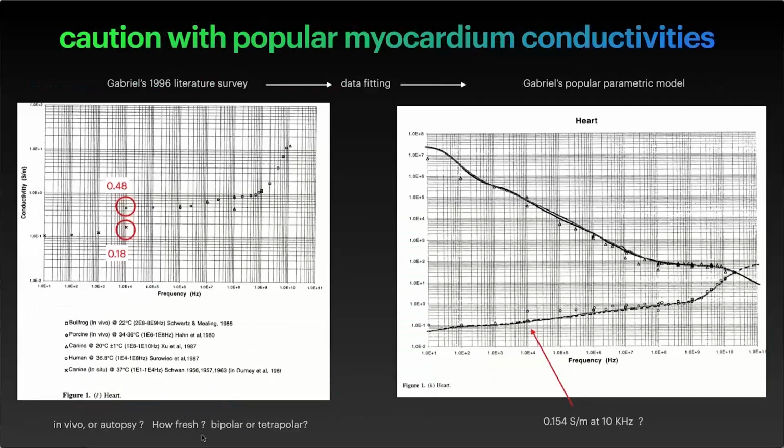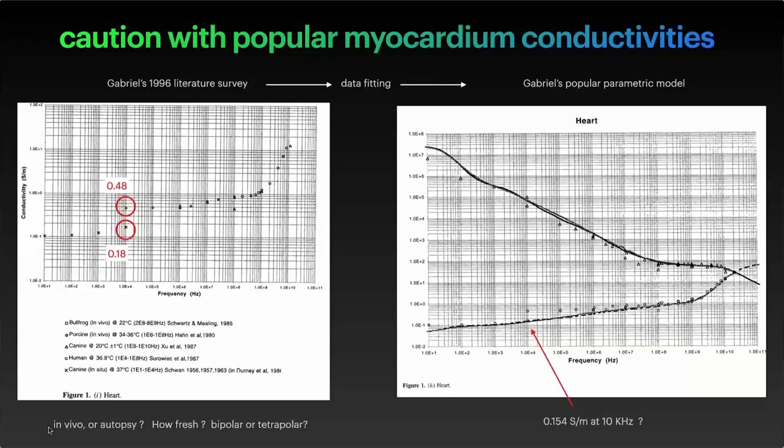This is the Gabriel data that is very popular for myocardium, and you can see what they did was they collected a number of data from a number of studies, and then they parametrized that with a data fit. When they did that, they went from strong data at 0.48 being parameterized to 0.14, 0.18.